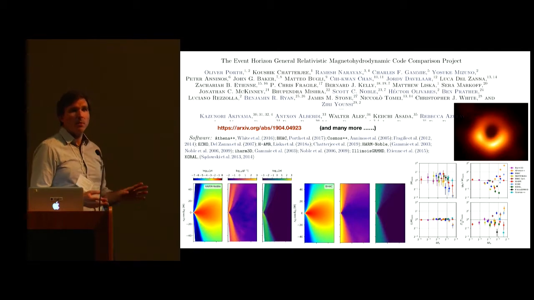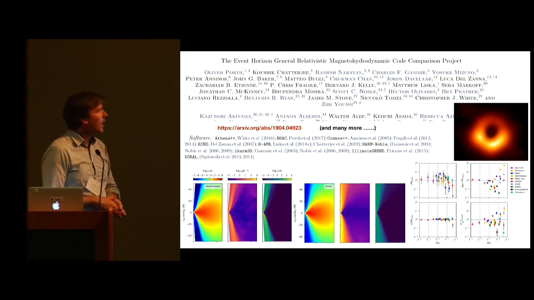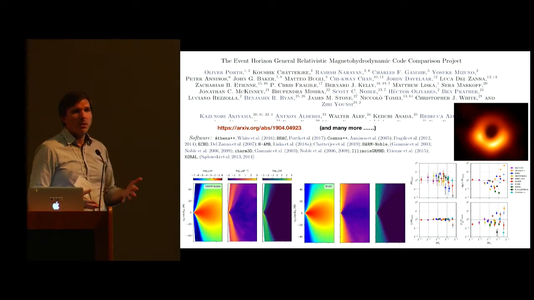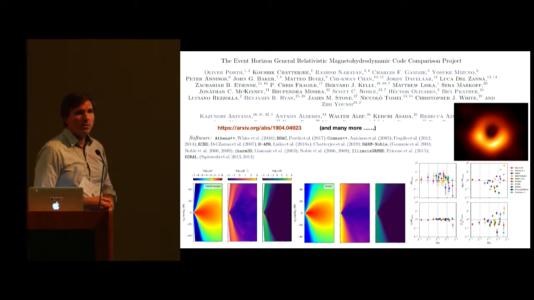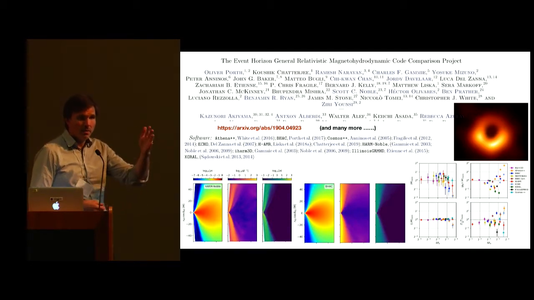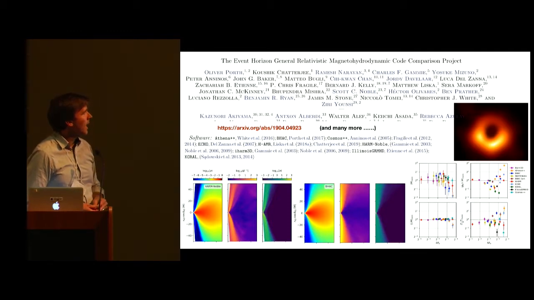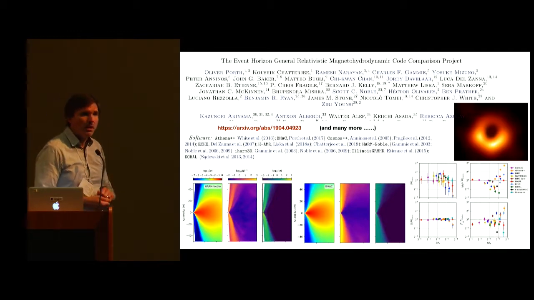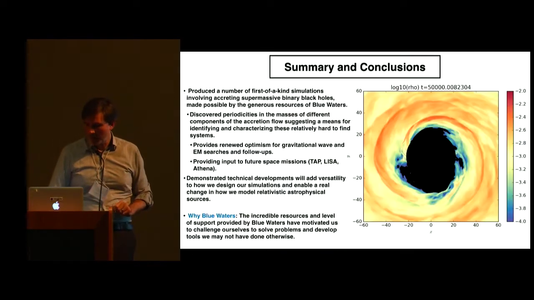So one step of that process is to perform MHD simulations, and we wanted to see if different codes produce the same results. And so there was a variety of codes used. Hammer was used. They did super high resolution simulations of this, and these were just single black hole simulations. So I just want to cite that work.